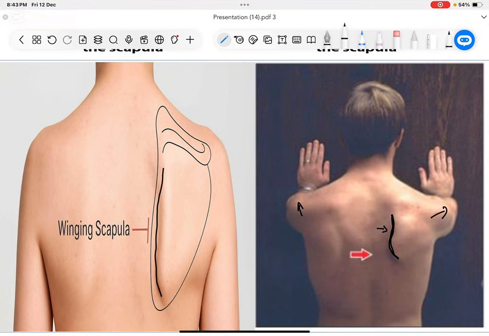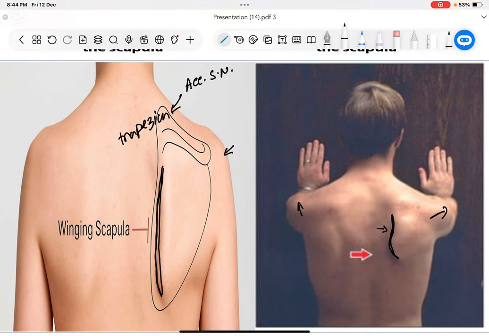But if the person is not trying to push with the upper limb over a wall, but still there is prominence of the medial border of the scapula, we can assume there is a possibility of injury to the trapezius muscle. So, trapezius muscle injury or paralysis means the nerve involved in supply of the trapezius is injured, that is the accessory spinal nerve.